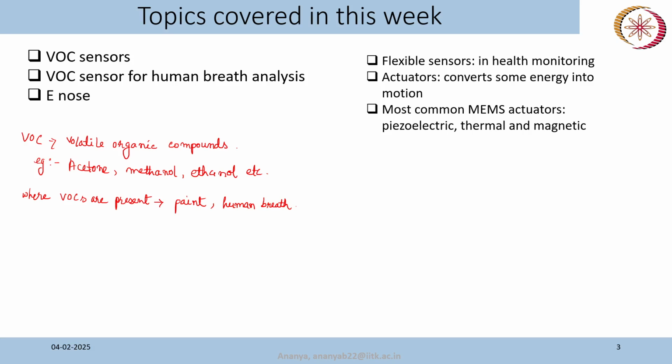This is mainly for drink and drive cases, so these VOC sensors are used. For health monitoring, these are used as human breath sensors, based on the concentration of different types of VOCs.